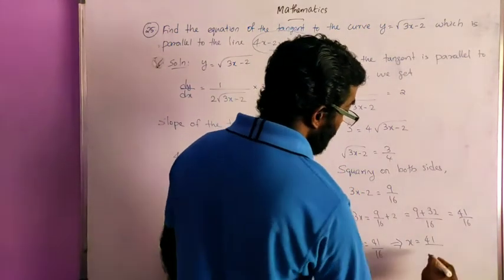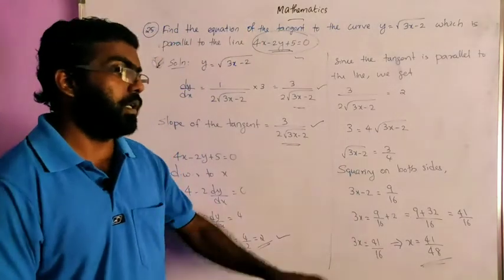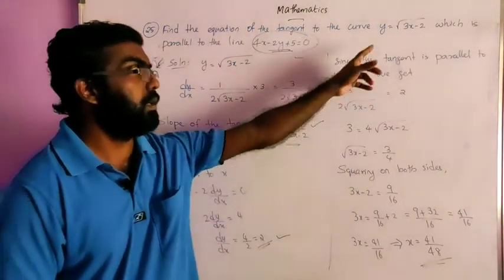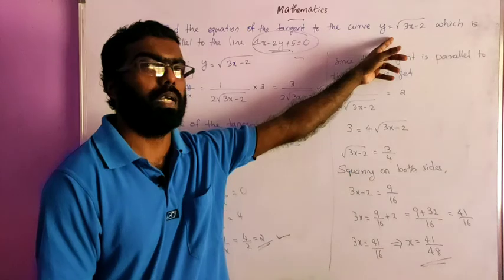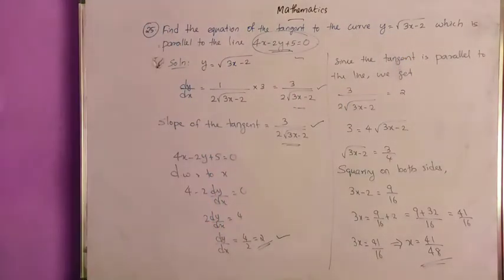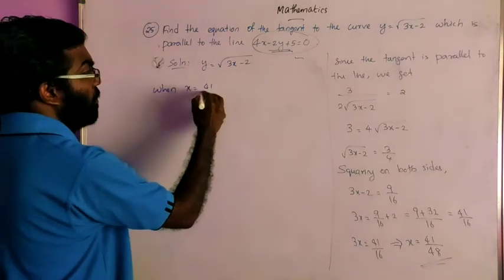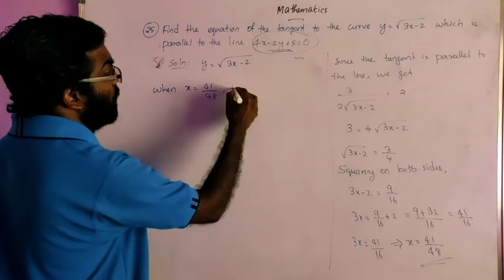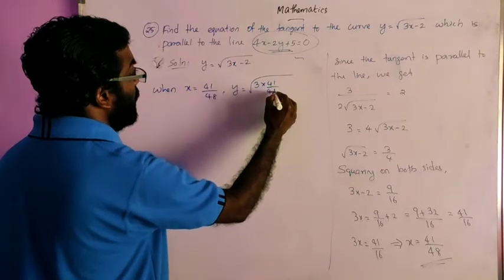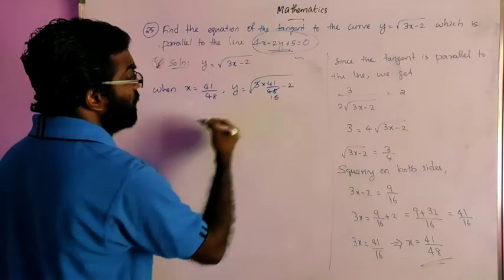3x is equal to 41 by 16, which implies x is equal to 41 divided by 16 into 3. 16 into 3 is 48. So the x value is 41 by 48. Now we can replace this value in the equation of the curve in order to find the value of y. So when x is equal to 41 by 48, y is equal to root of 3 into 41 by 48 minus 2. This 3 and 48 we can cancel, we get 16.